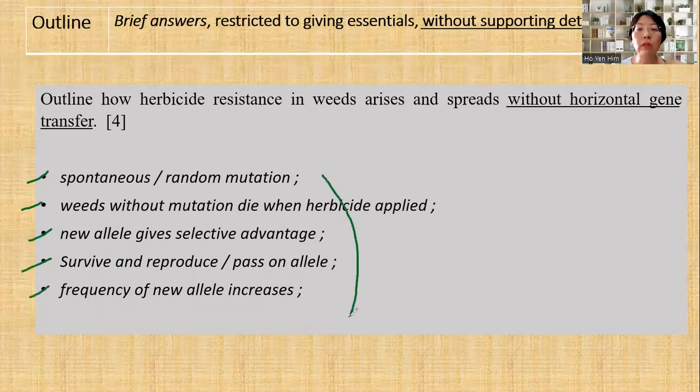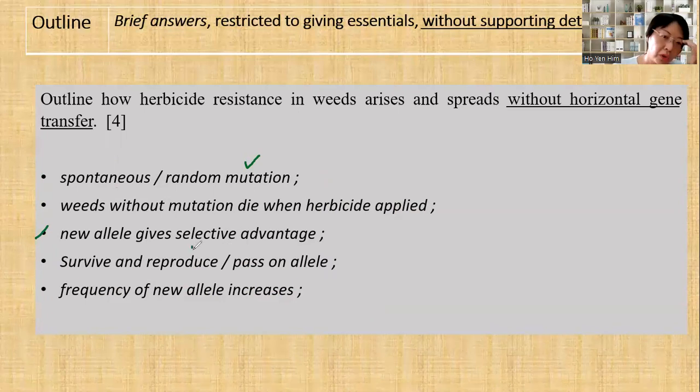You can see that you must write out the whole story. You cannot say, oh, 4 marks, so you write 1, 2, 3. Let's redo the whole thing. I'm going to write 1, 2, 3 and 4.